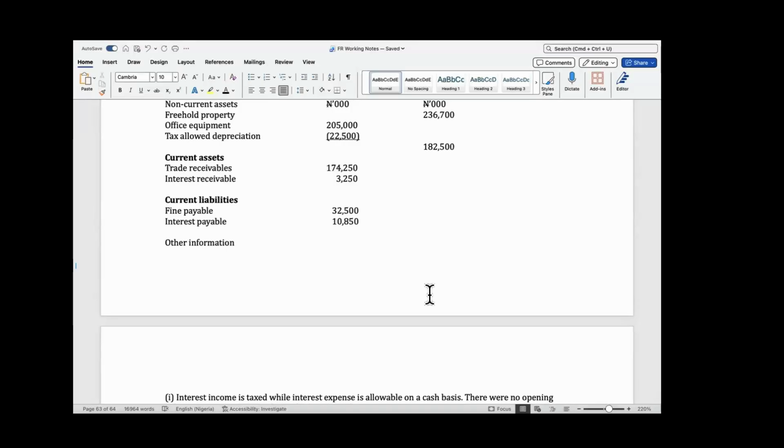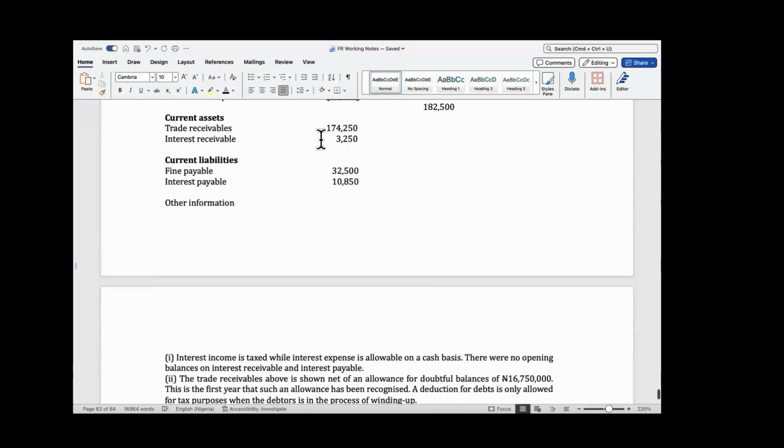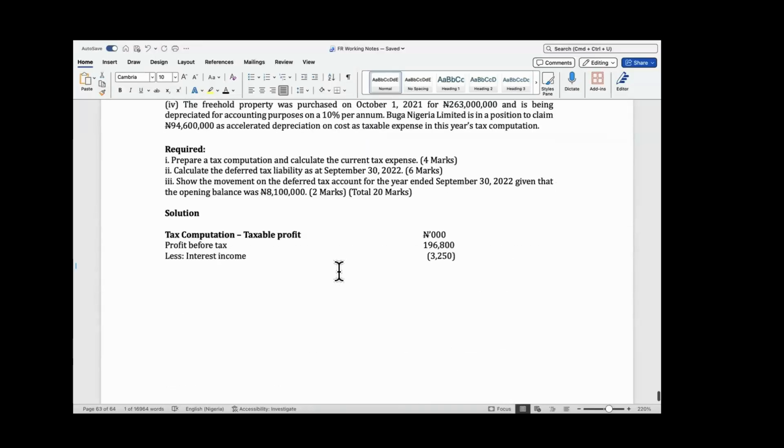That's what I was just trying to say. So they'll give you opening interest receivable. If they give us opening interest receivable of, let's say, 250, and the closing is 3,250, so for the year it is 3,000. So you have asked a good question. That's how you know.